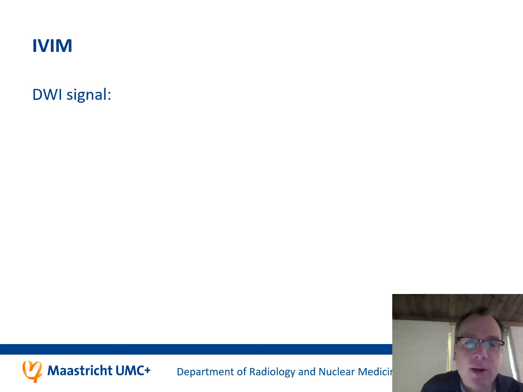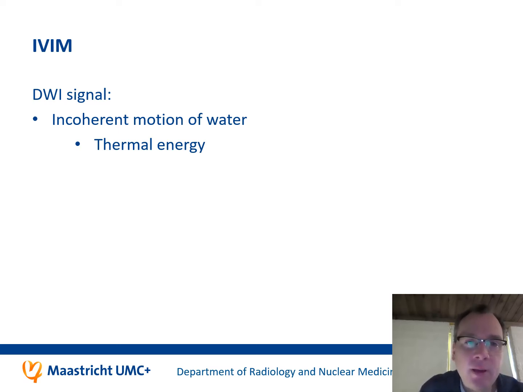So if we look at the origin of the IVIM signal, we can see that it's of course based on diffusion weighting, and we're looking at incoherent motion of water, and there's two pools that are assumed to exist. One, the incoherent motion is due to thermal energy, so that's the Gaussian movement of the water molecules, mostly in the parenchyma.